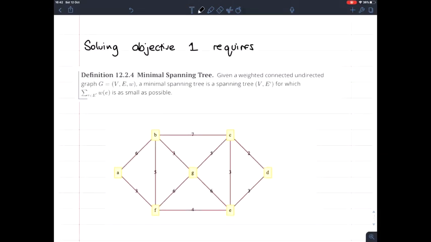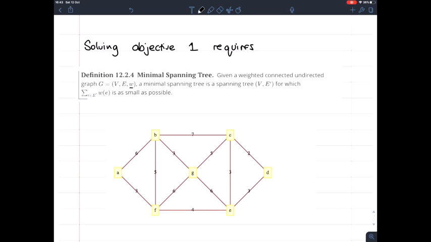So just to think about these two objectives, solving objective 1 requires what is called the minimal spanning tree. This is where we use the idea of weights that we mentioned before. We have an undirected graph with weights.